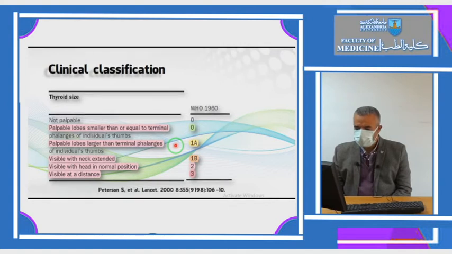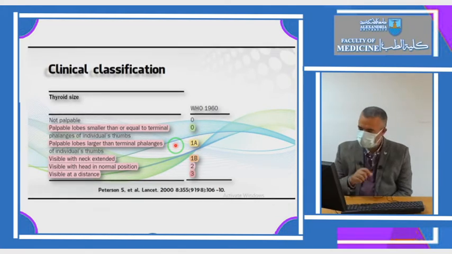Only those who have palpable lobes larger than the terminal phalanx of the examined individual would have grade 1A, and if the thyroid is visible with neck extended, this would be classified as having a goiter grade 1B. If the person has a goiter that is visible with head in normal position, this would be classified as grade 2. Or if a person has a goiter that is visible at distance, this would be classified as grade 3. This was the old classification.